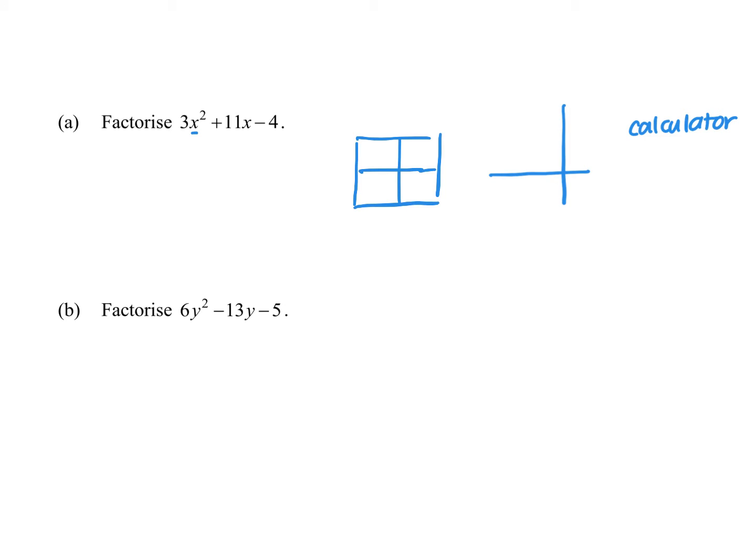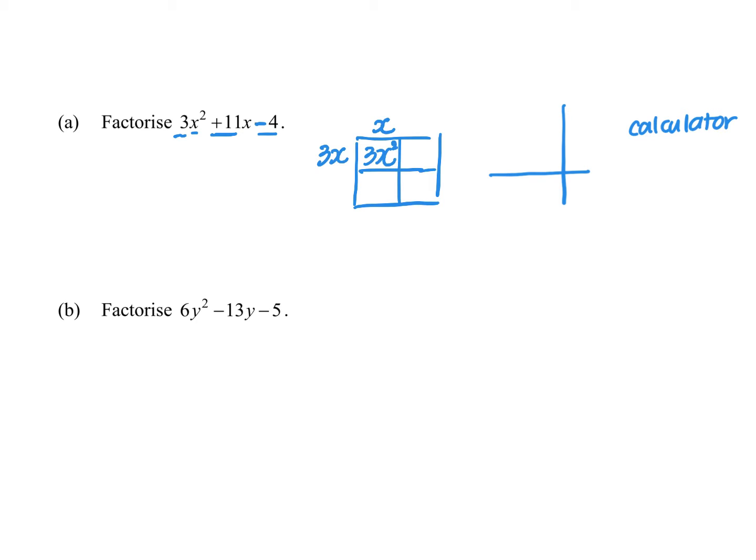But before we begin, we identify that this is actually 3x squared. The number here is 3, then plus 11, positive 11x, and the constant term is negative 4. So if I were to use the window method, I'll need to think of something multiplied by something to get 3x squared, and that will probably be 3x times x.